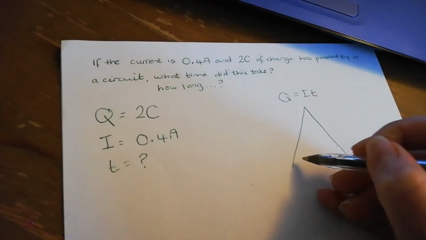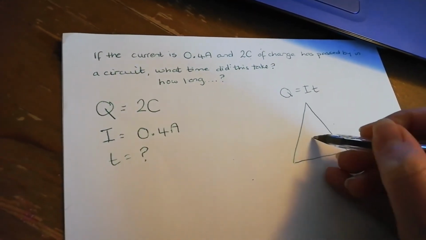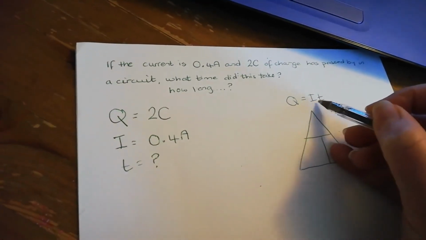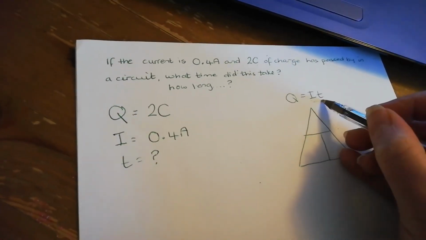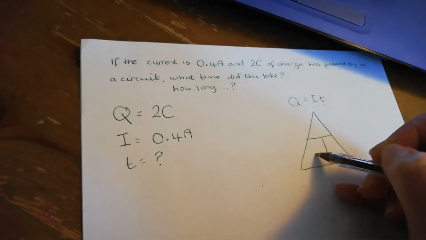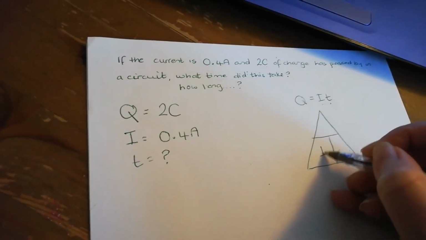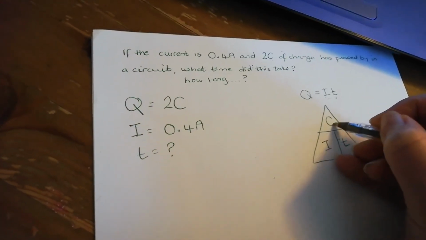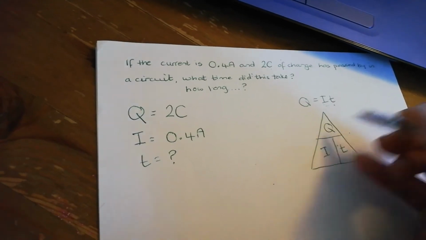And put that into a triangle here. Because these two are next to each other, the only place they can fit in the triangle that is next to each other is on the bottom. So I goes there and T goes there, and that means Q must go on the top.